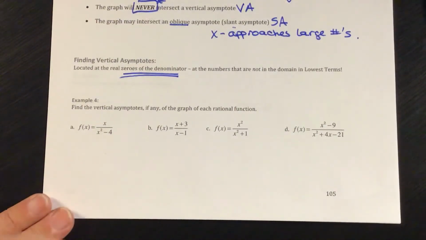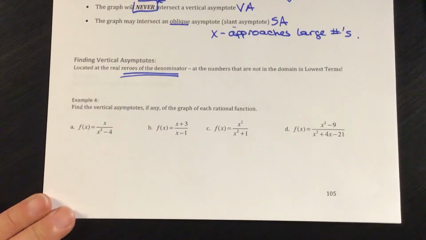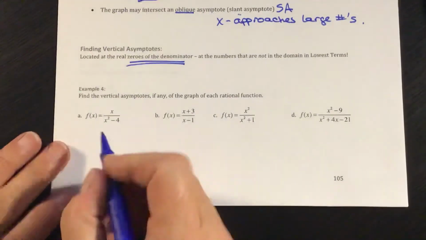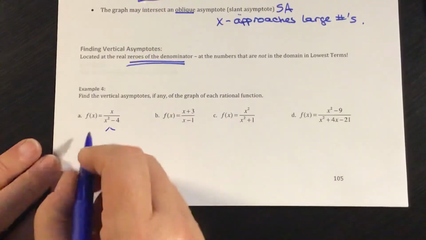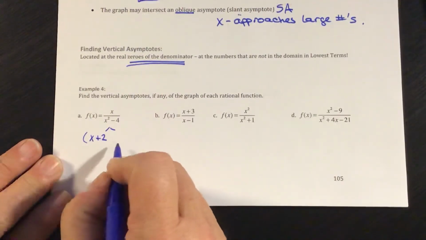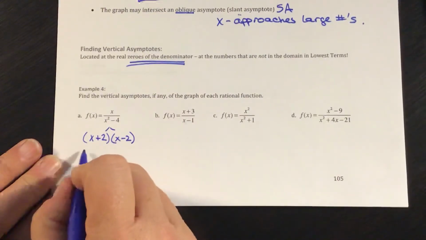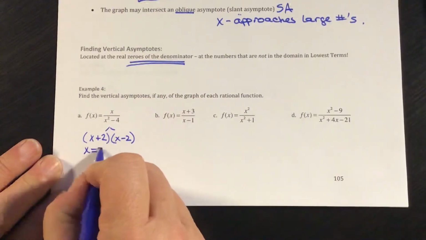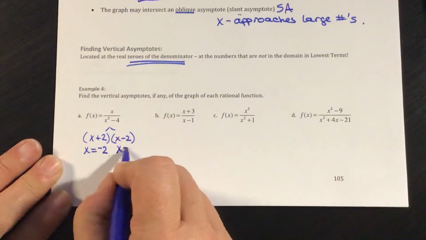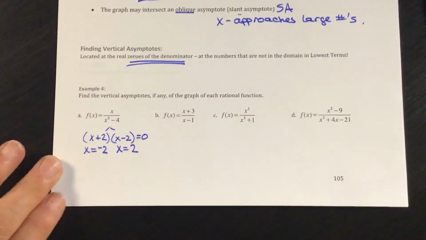Okay, so if I look at this, and this only comes from the denominator, doesn't matter what's on the numerator, but if I were to factor this denominator and have x plus 2 and x minus 2, I know that x cannot equal negative 2 and x cannot equal positive 2 because those are the zeros.